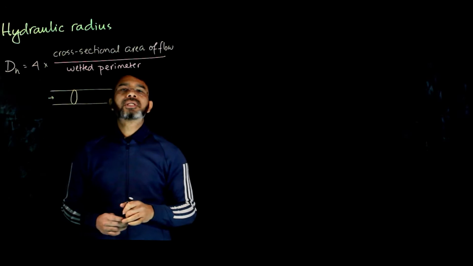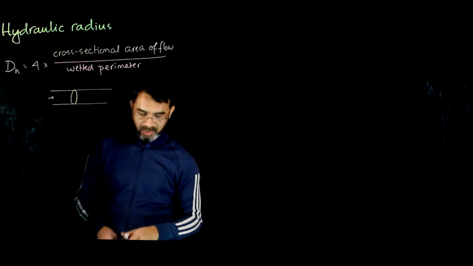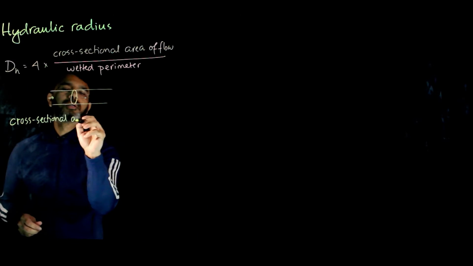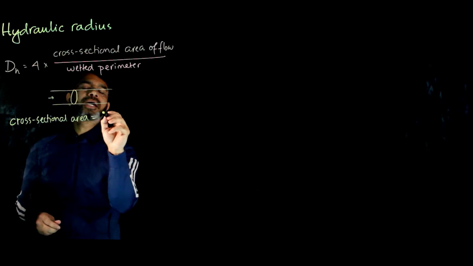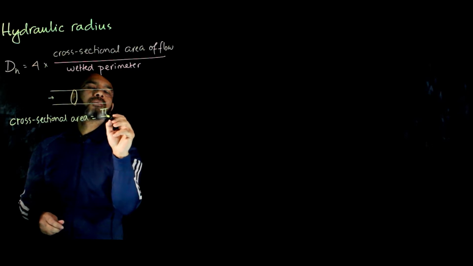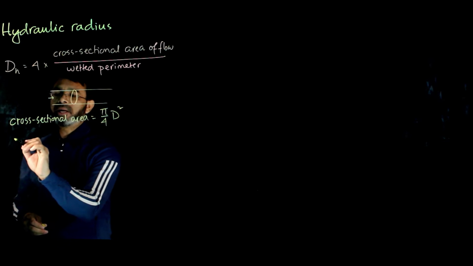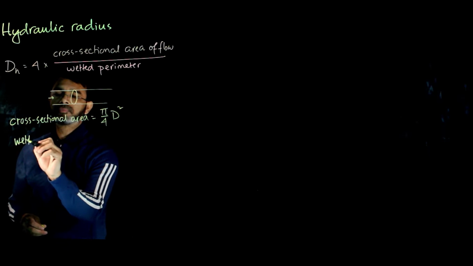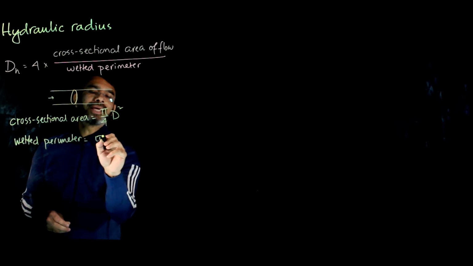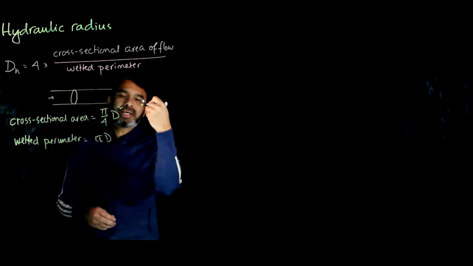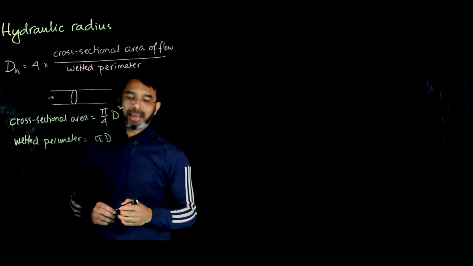So if we're talking about a circular pipe, the cross-sectional area becomes pi over 4 d square, and the weighted perimeter is pi d. That's the inside perimeter of the pipe itself.